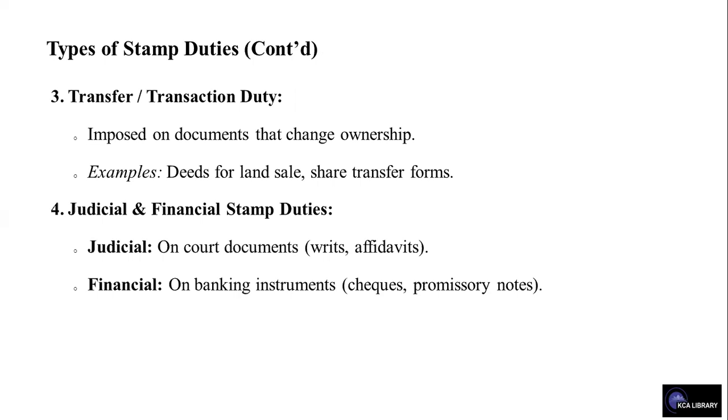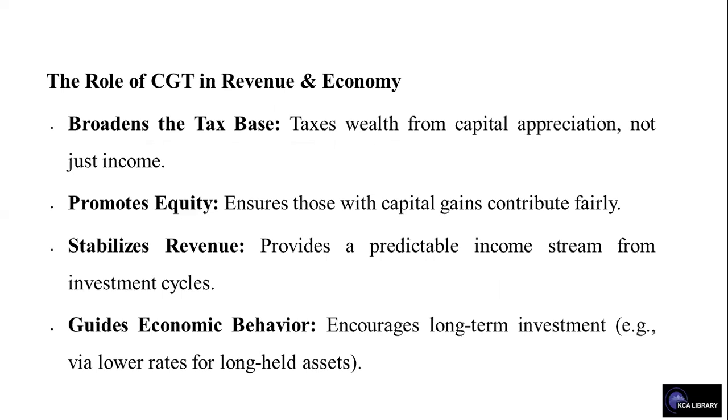And lastly, we have the judicial and financial stamp duty. Judicial is on court documents, and financial is on banking instruments like cheques, promissory notes, and the likes. We have the role of capital gain tax in revenue and the economy.